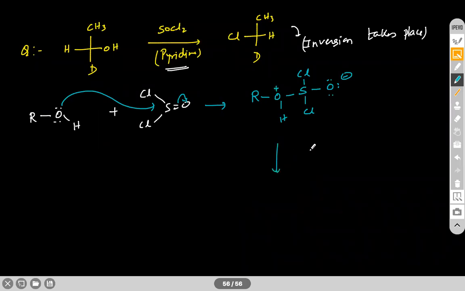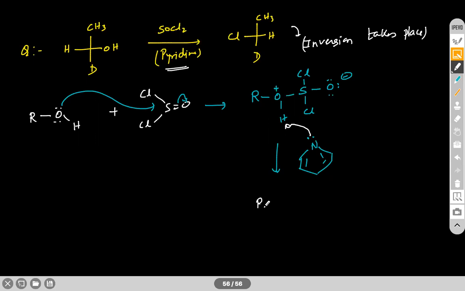Okay. Now after this, there's a change. And what is that change? Since we are using pyridine here, this pyridine acts as a base, a weak base actually, and to stabilize the positive charge on oxygen, it takes this H plus from this, right?